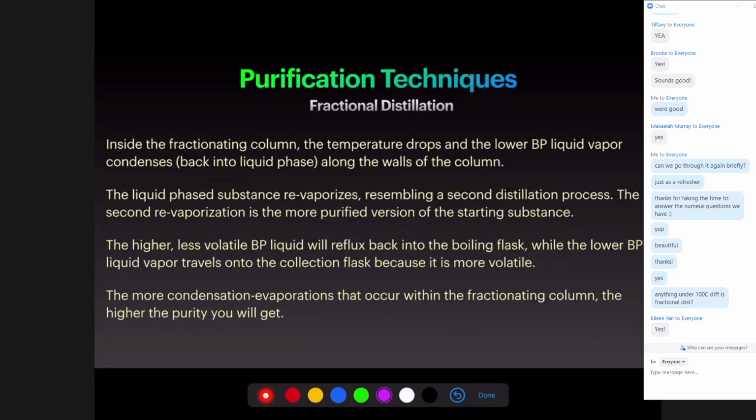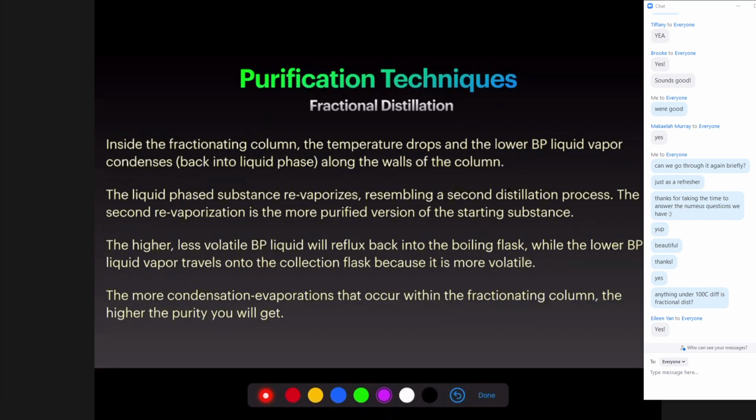Inside the fractionating column, the temperature drops and the lower boiling point liquid vapor condenses back into liquid phase along the walls of the column. I'll show you how that works in just a second. The liquid phase substance revaporizes, resembling a second distillation process. The second revaporization is the more purified version of the starting substance.